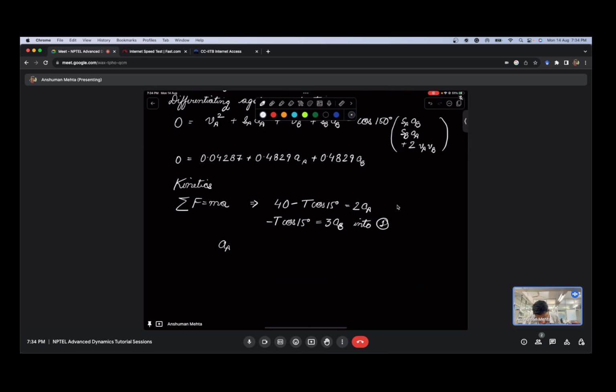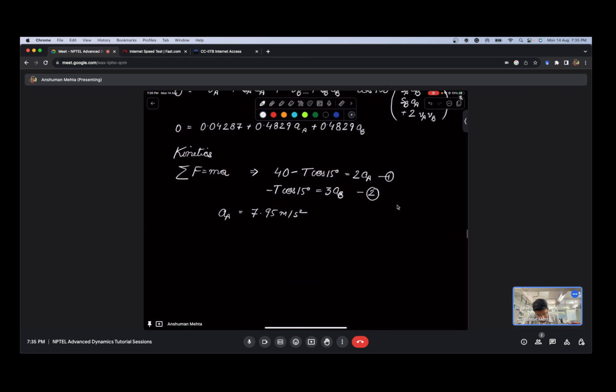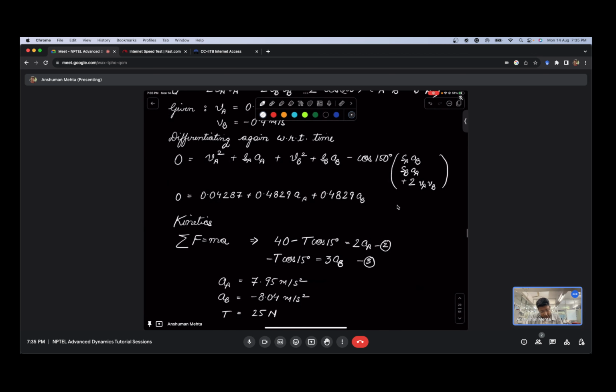So this is 1, this is 2. From equations 1 and 2 we get the final values. So this is actually 2, this is 3, and the first equation is this.